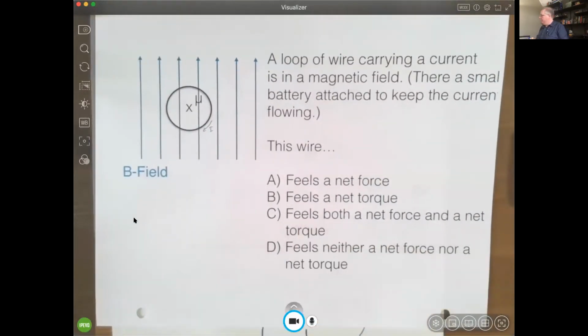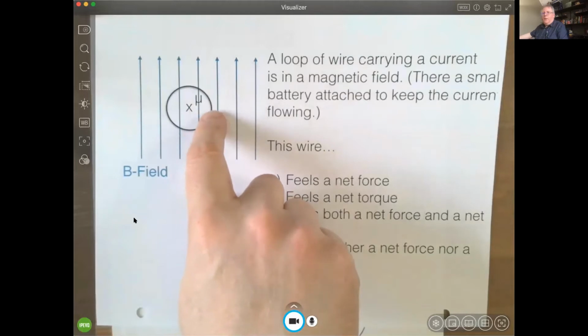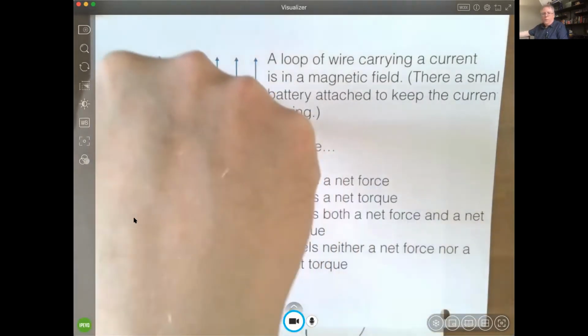How about this guy? So if the field is being created into the page, the North Pole is facing away from us.